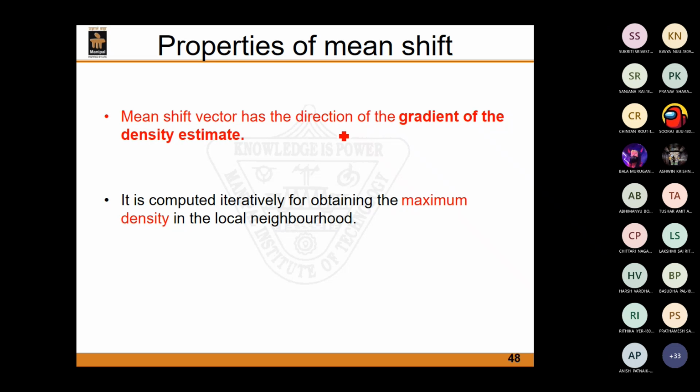What that means is it keeps moving towards whichever are the denser regions, right? Another property is that it is an iterative process. It is computed iteratively for finding out the maximum density, and the iteration stops when the present center of mass coincides with the previous center of mass.